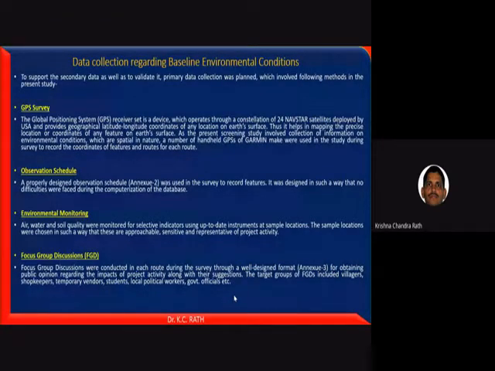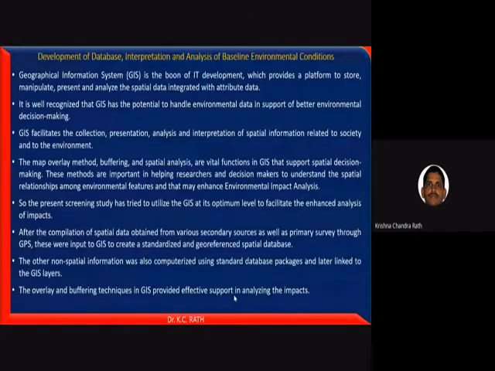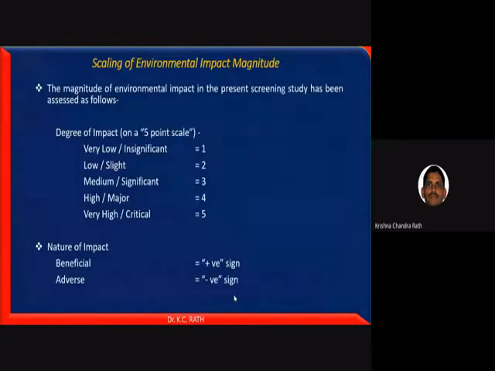And for data collection methods, the baseline environmental condition survey includes GPS survey, observation schedule, environmental monitoring, and FGD, focus group discussion. Then development of database, interpretation, and analysis of environmental condition, which is mostly done on the GIS platform, and extensive use of GPS is done.